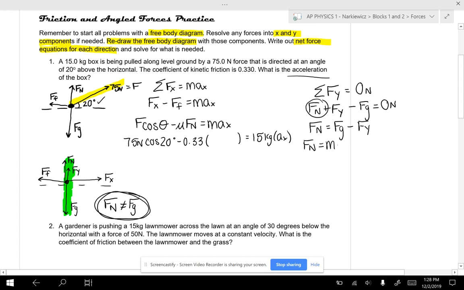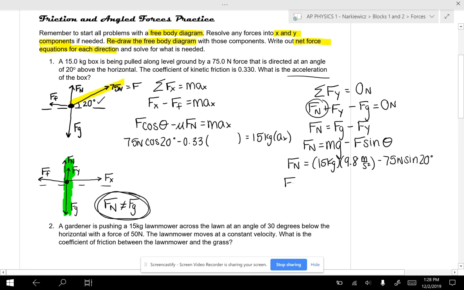Fn, we can do mg, the y component would be the force times the sine of the angle. So that's 15 kilograms times 9.8. You could use 10 if you wanted as well. I'm just using 9.8 because why not? Minus 75 sine of 20 degrees.